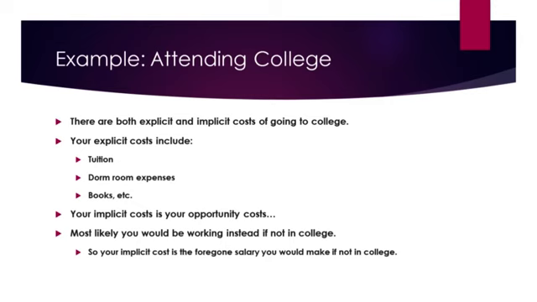So your implicit cost would be measured as the foregone salary you would make if not in college. Okay, so again, we're looking at college. We agree there are explicit costs, tuition, dorm room, books, and there's an implicit cost, what you would have made in whatever job you would have had if you had worked instead of going to college.